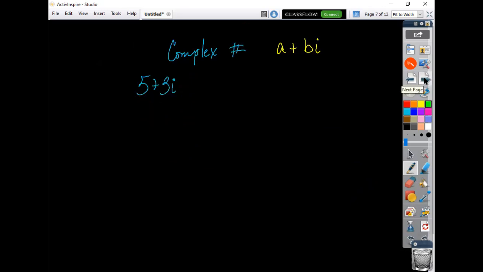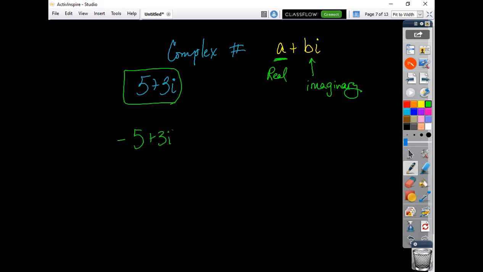So any complex number is a number that has a real part and an imaginary part. So this would be an example of a complex number.